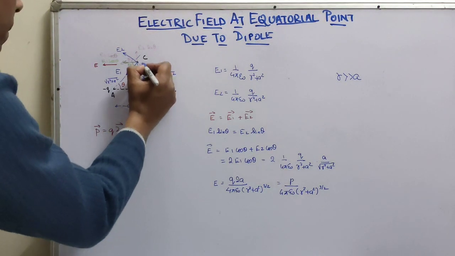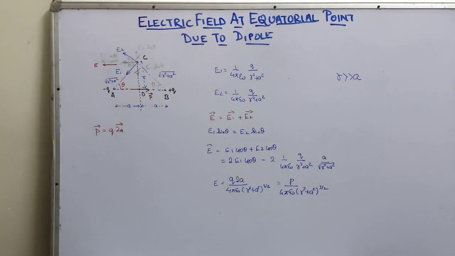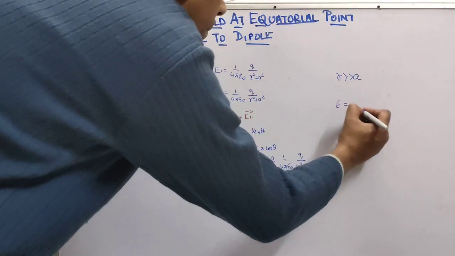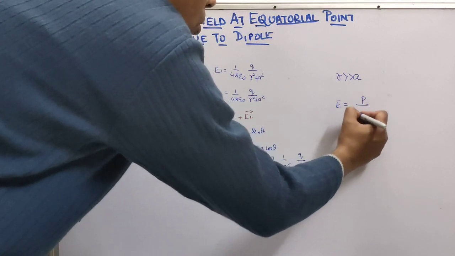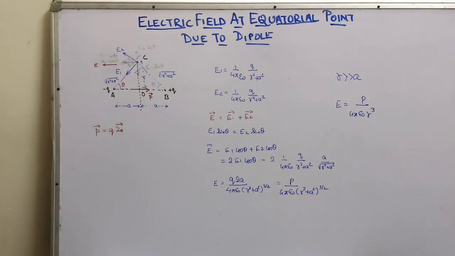This distance R is very big as compared to the size of the dipole. So what we do over here is, in this expression, we usually neglect the value of A square. So the net electric field E will become P upon 4 pi epsilon naught R cube.